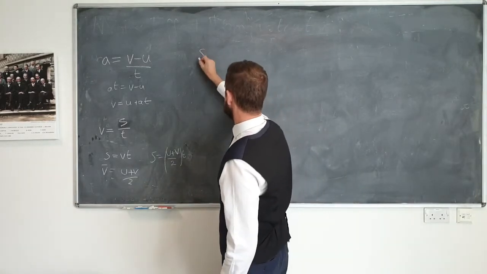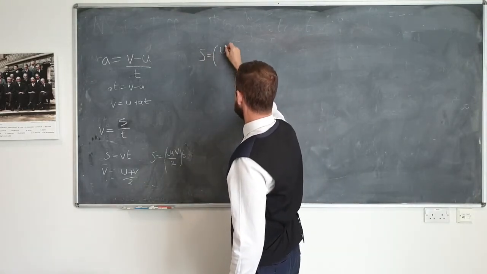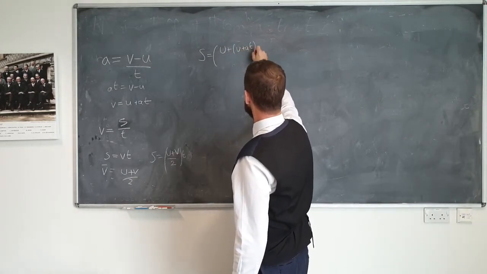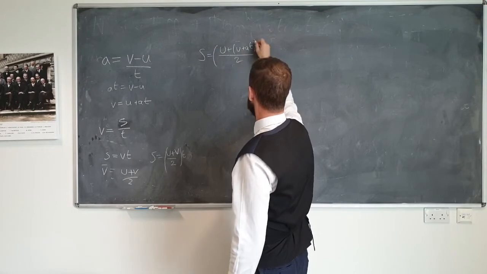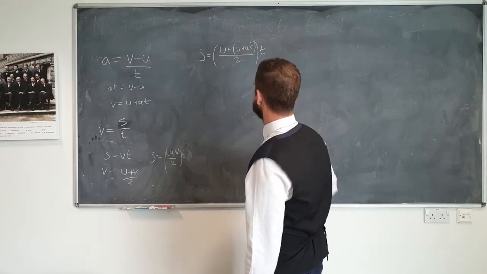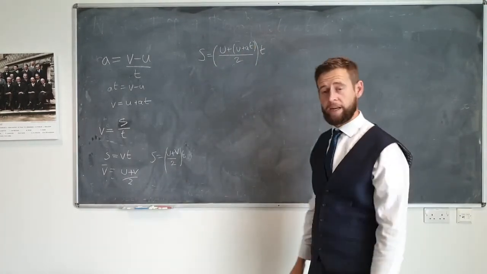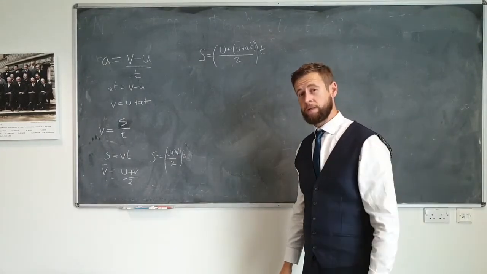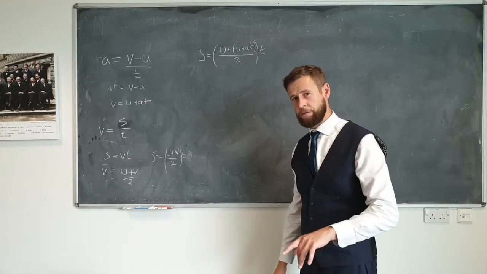So if we have s that is equal to u plus at divided by 2 times t, then we have this relationship here. Now, the first thing I'm going to do is I'm going to combine the u terms. We've got u plus u, that's 2u.